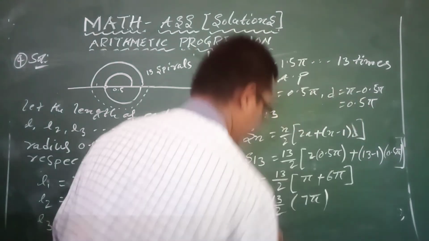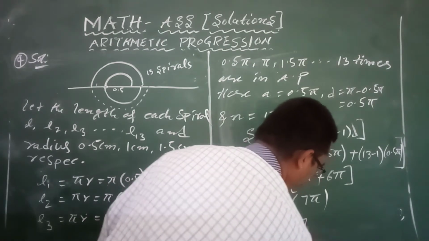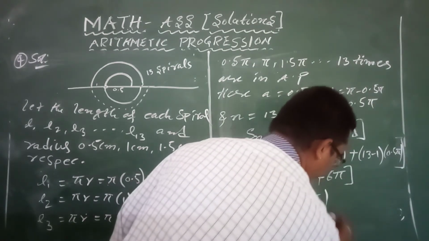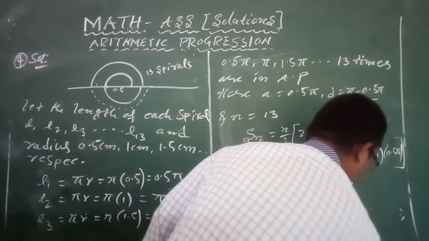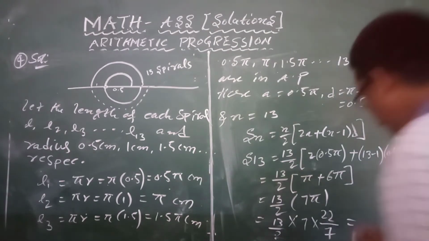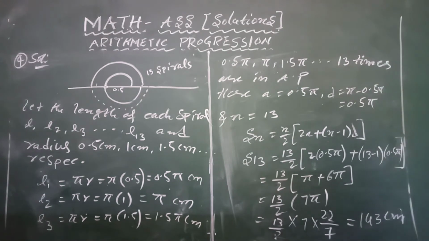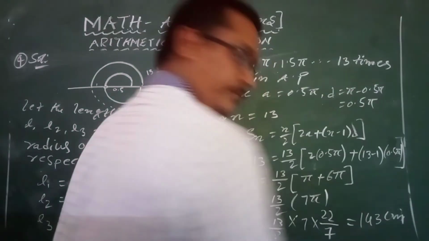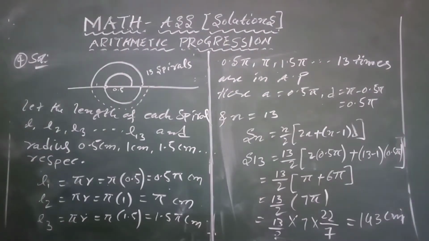Now the pi value can be substituted: 13 by 2 into 7 into 22 by 7. Simplify. Finally you will get 143 centimeters. Therefore the required length is equal to 143 centimeters.